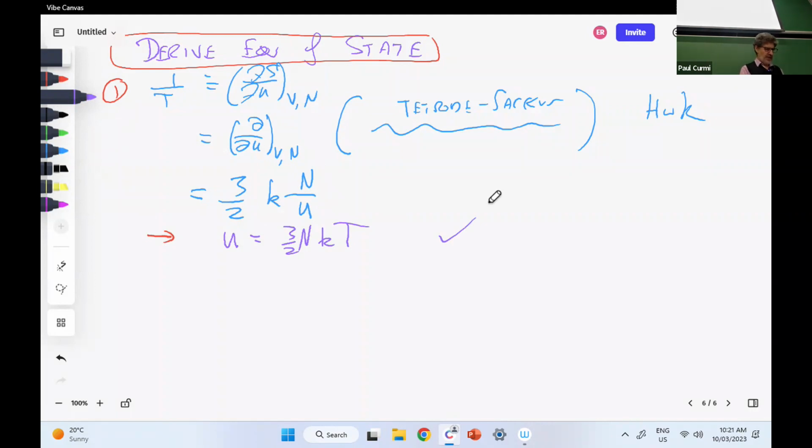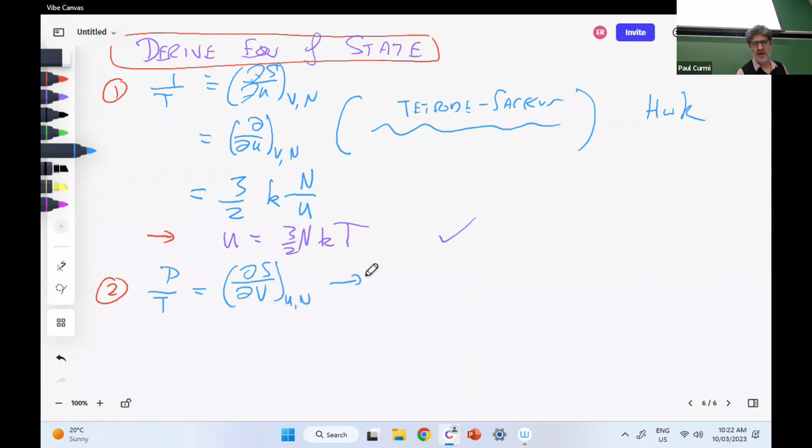The second one, 2. I can write that P over T is equal to the derivative of the entropy with respect to volume, keeping energy and N fixed. Homework: show that you get PV equals NkT.